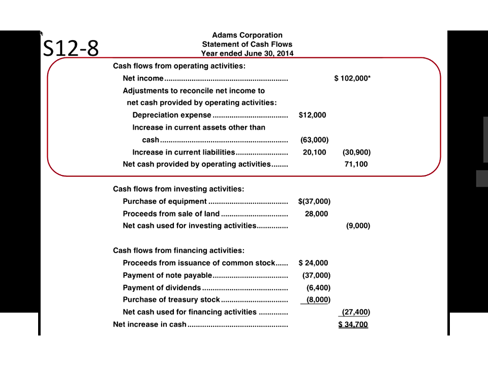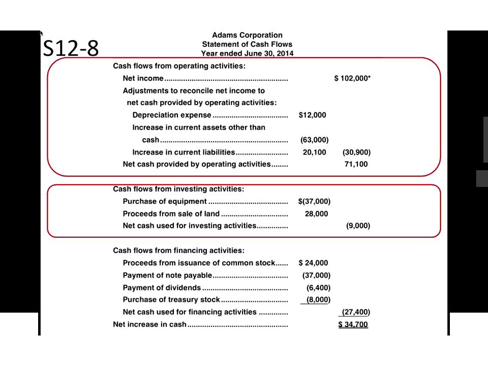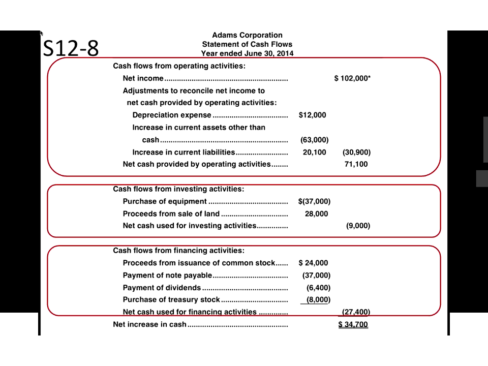So this first part is the operating section we did in 12.7. Then the second section is investing activities, which we just did. And then the third section is the financing activities that we just did.